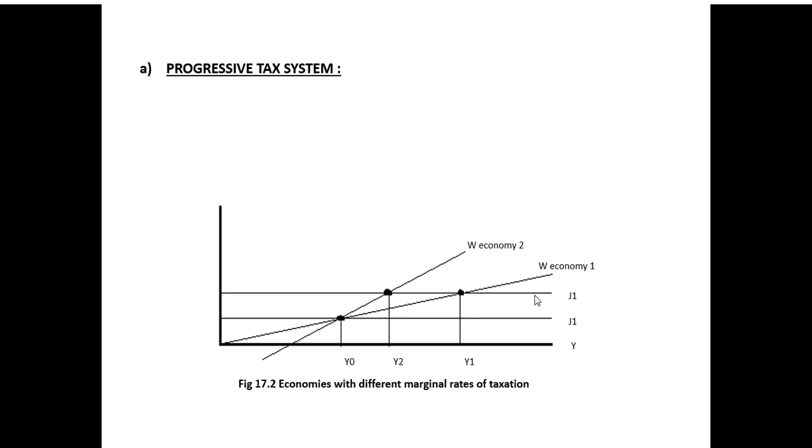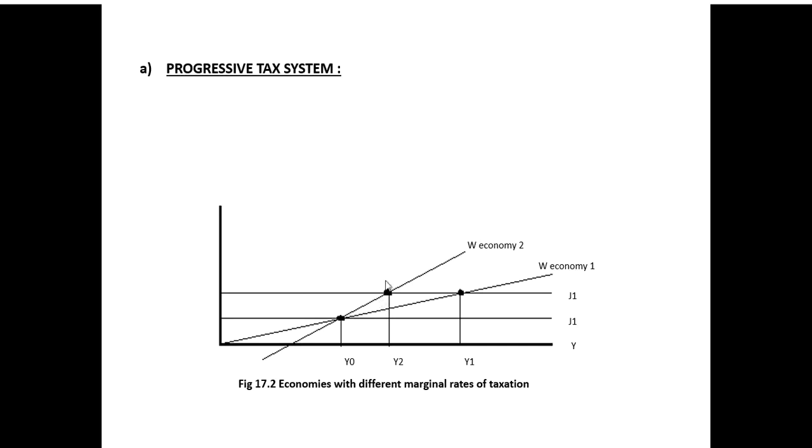Now, when the injection rises, people get more money in their pockets. But in economy two, the propensity to put a tax on this increased income is much higher. So what happens?